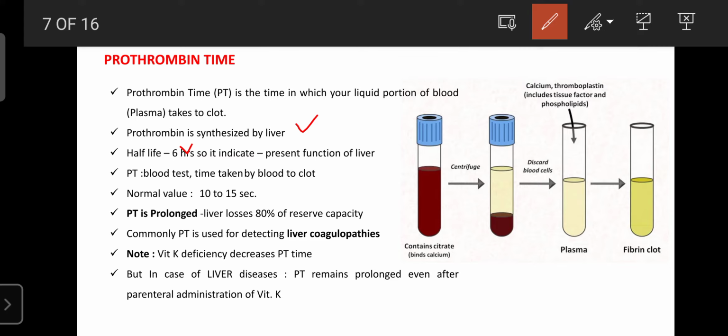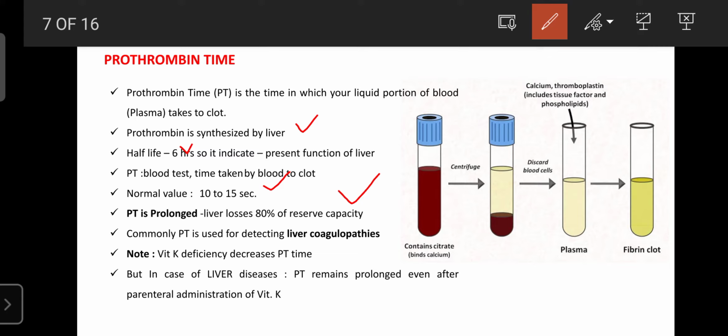So the normal PT time is 10 to 15 seconds. Okay, if PT is prolonged, that can denote the liver has lost 80% of its reserve capacity. If the PT is prolonged, that can indicate the liver is 80% damaged, and the hope to reverse the liver capacity has failed.